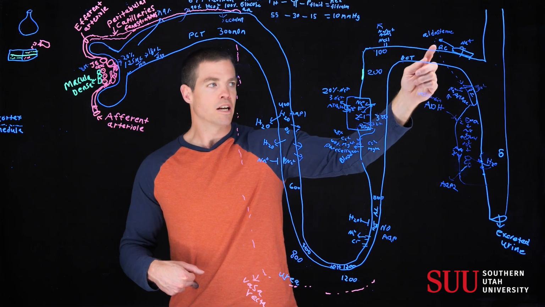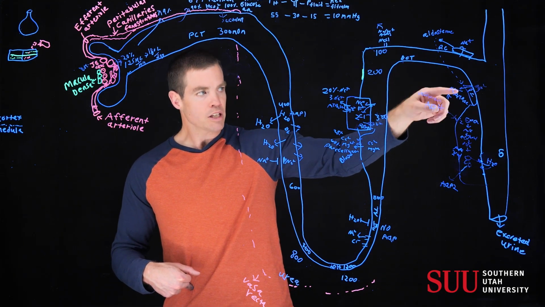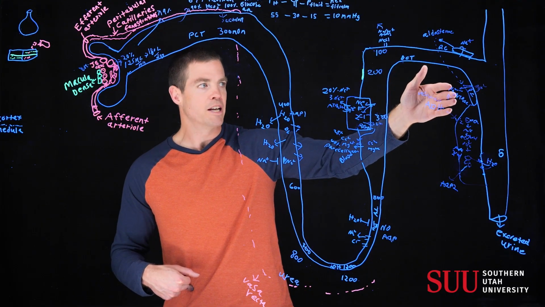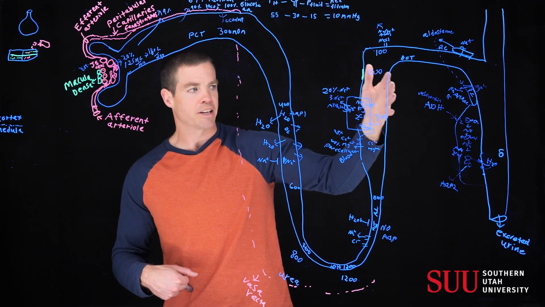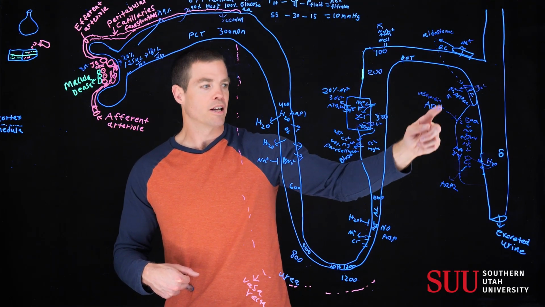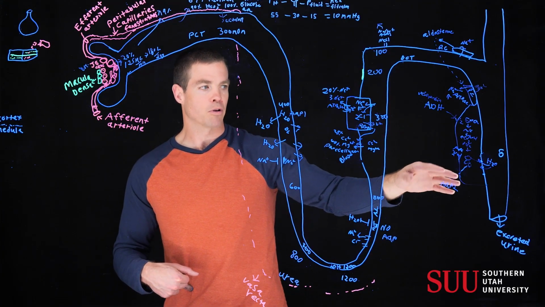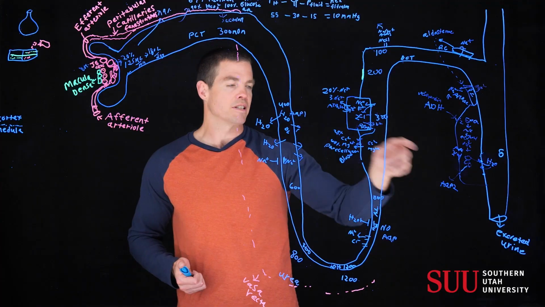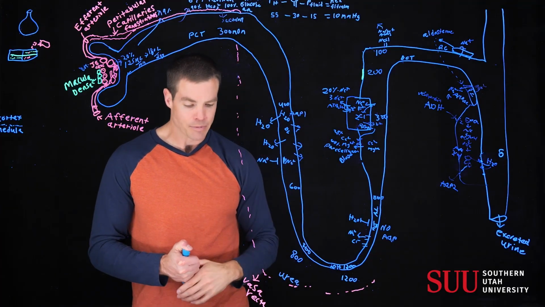So aldosterone is going to the DNA and putting more of the sodium channels in, making more sodium potassium ATPase pumps. Now sodium is going to be higher over here, and then of course water can follow that if vasopressin is available, so we can absorb more of that water. And so this is another critical thing.